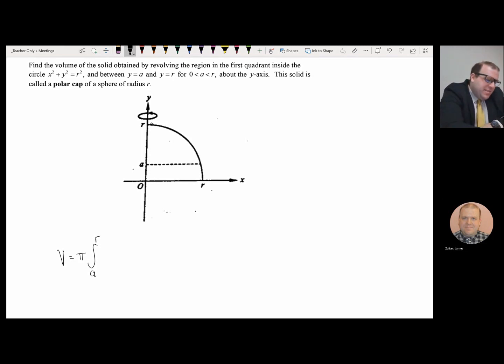We need to represent this curve, which is x squared plus y squared equals r squared, as a function of y. What was it? The square root of r squared minus x squared. That's not a function of y. That's a function of x. Oh, yeah, the other way around then.